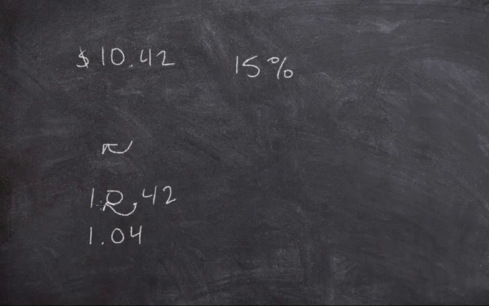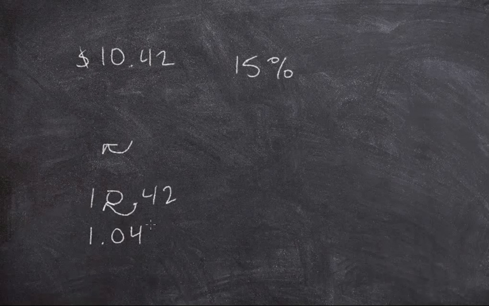So you just move the decimal over and round, and keep that number in your head. If you want, you could also round this down to $1. If you're worried about not being fair because you're rounding down, just tack on like 25 cents at the end and you should be fine. We're going to keep $1.04 in our head.